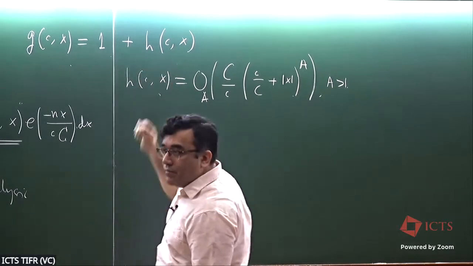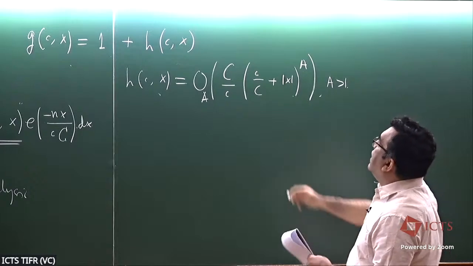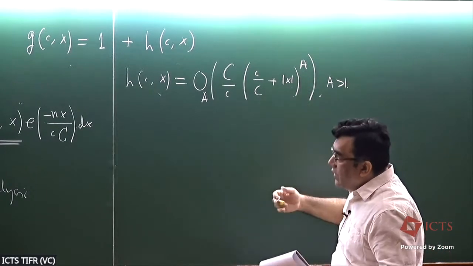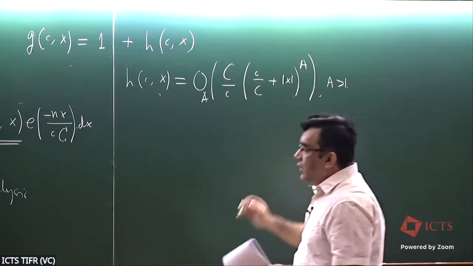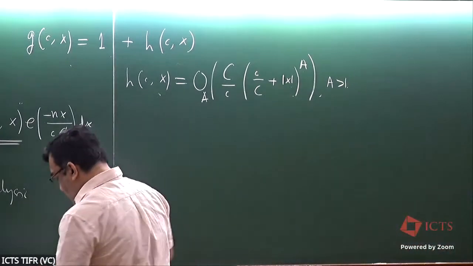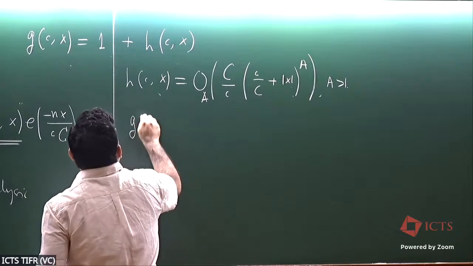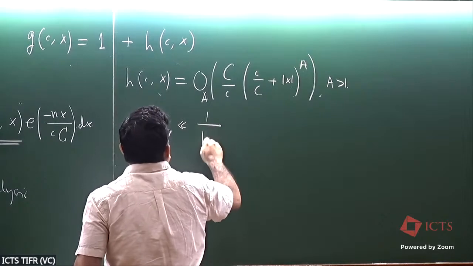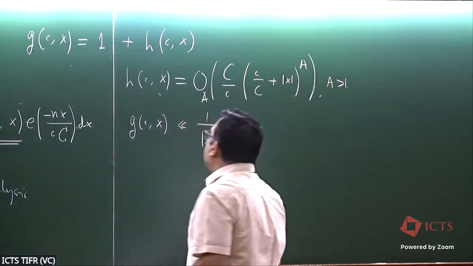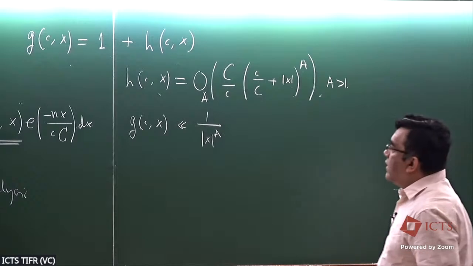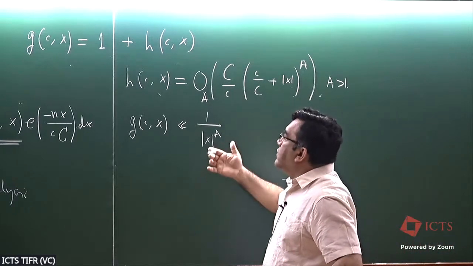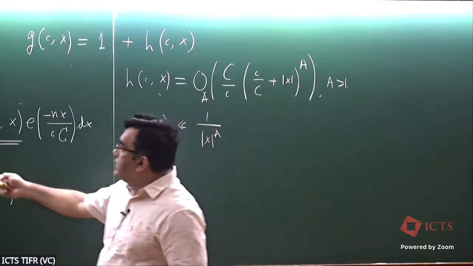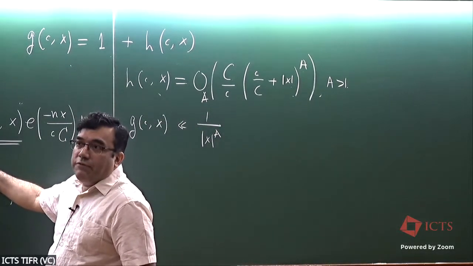There's nothing left. But if small c is like capital C, which is a generic size, and x is like 1, which is a generic size of x, this is not really 1, but it's almost 1. You can also say g(c,x) is bounded by 1 over the absolute value of x to the power a, for any a greater than 1. So if x is larger than some number, it is decaying rapidly, so I can truncate this integral roughly at 1.